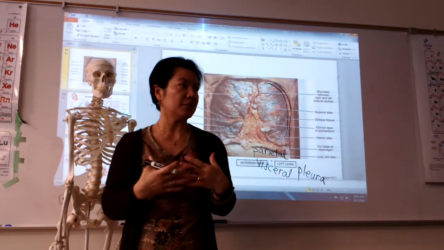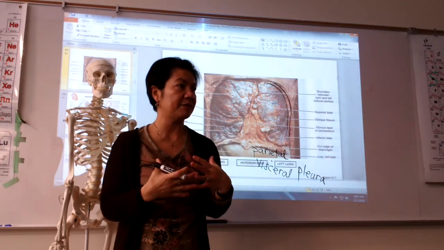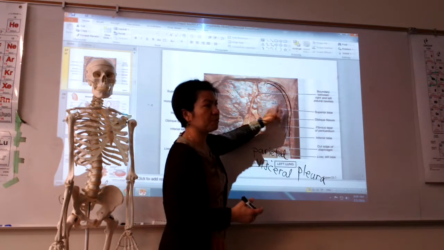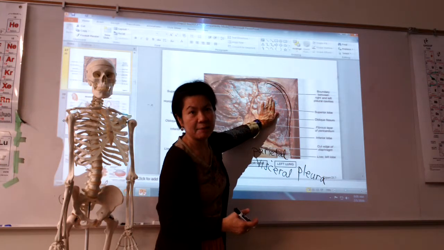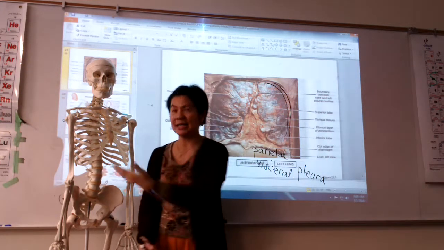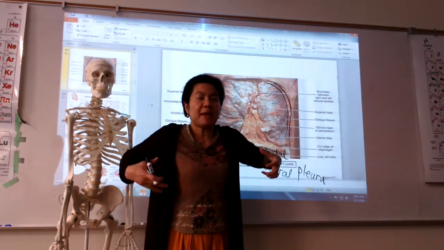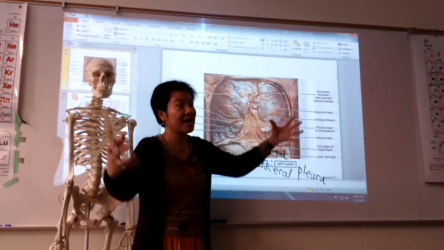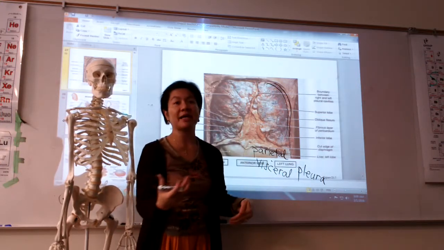When you inhale, doesn't your chest expand, right? I told you that the visceral pleura is stuck to the lungs and the parietal pleura is stuck to the thoracic wall. So when you inhale, you expand. Isn't that going to expand the lungs to let a lot of air in?